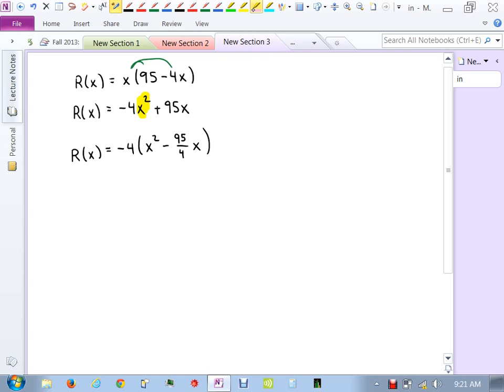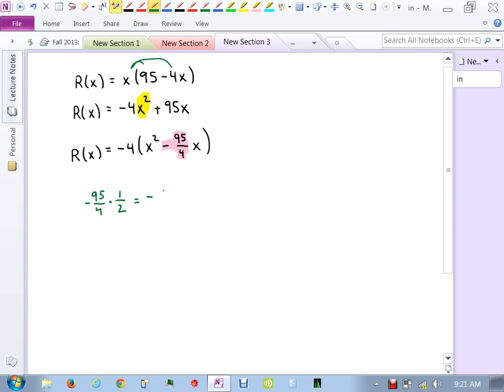Now what you're supposed to do is look at the number in front of x, 95 over 4, and take half of it. Taking half of that is the same as taking negative 95 over 4 and multiplying by 1/2, because dividing by 2 is the same as multiplication by the reciprocal.